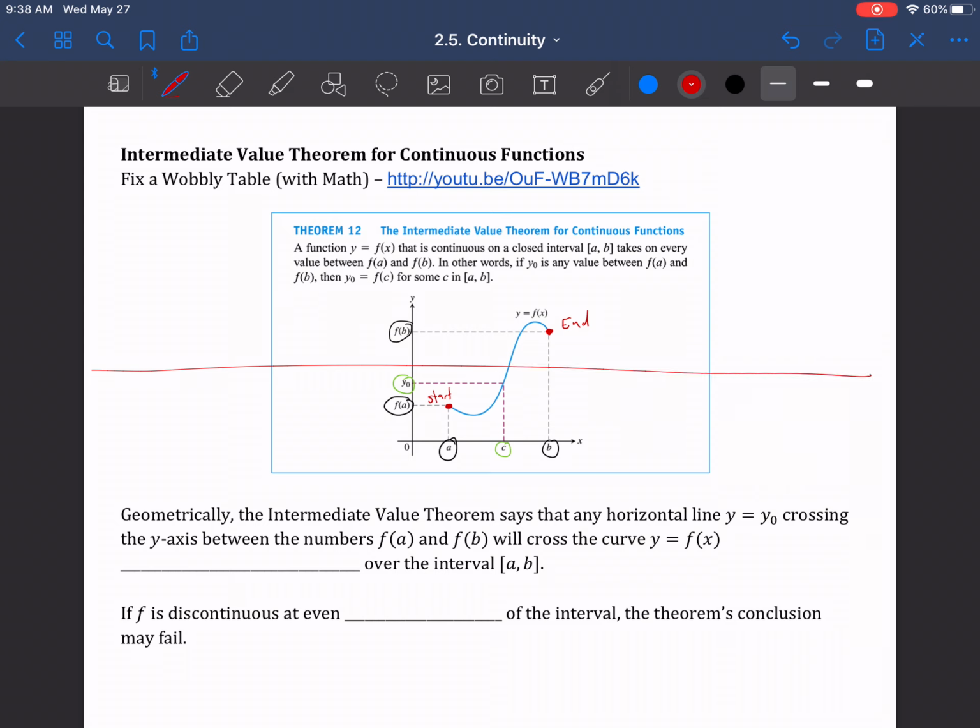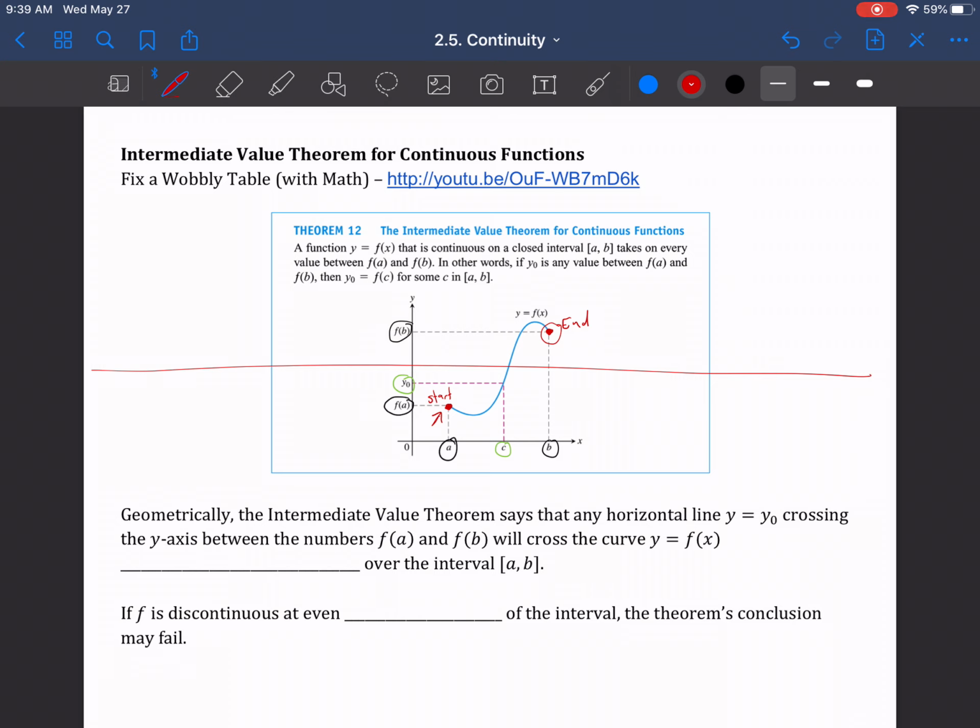And then put your pencil down at start, and without ever lifting your pencil off the paper, draw a line all the way to the end point. It doesn't have to be along the curve. Just draw any line you want between those 2 points without crossing the horizontal line that you drew.